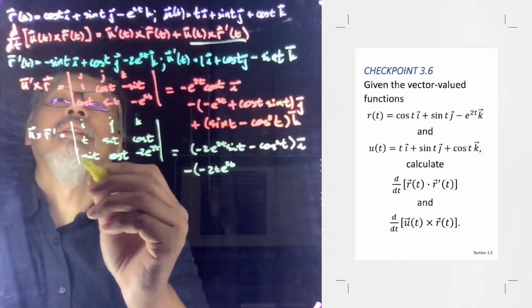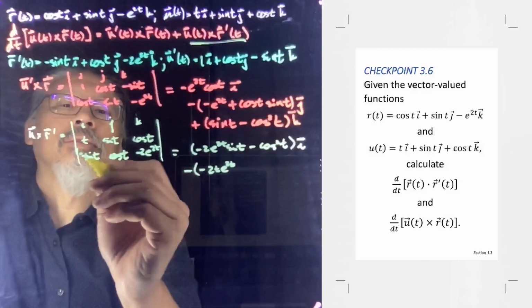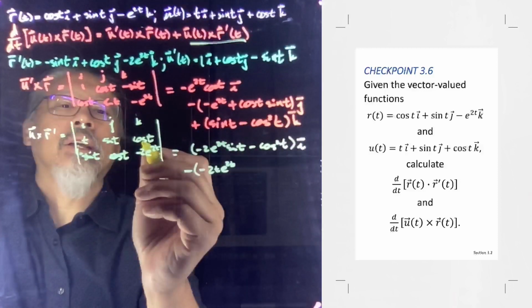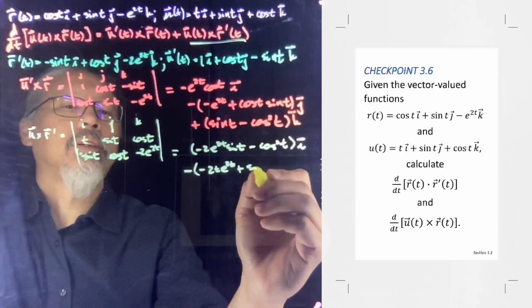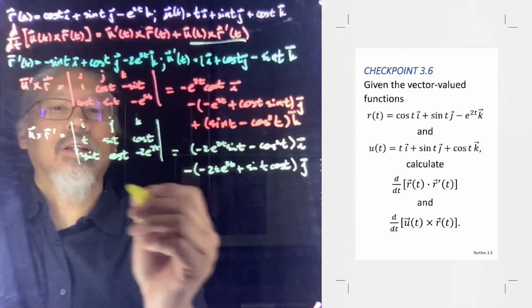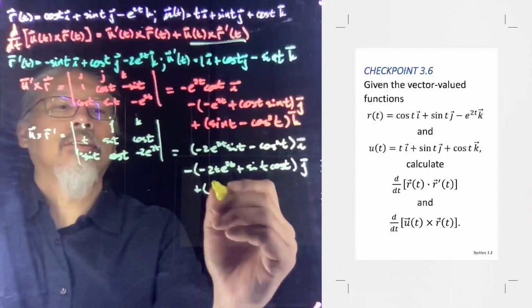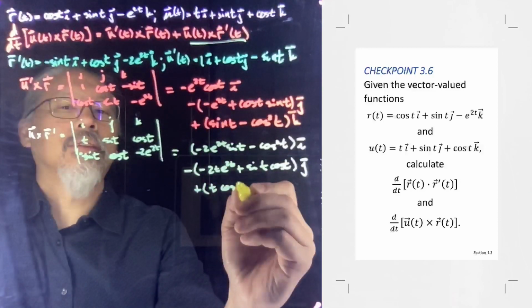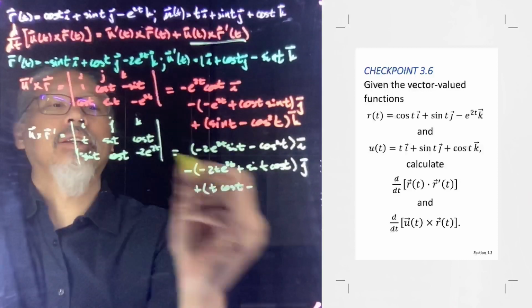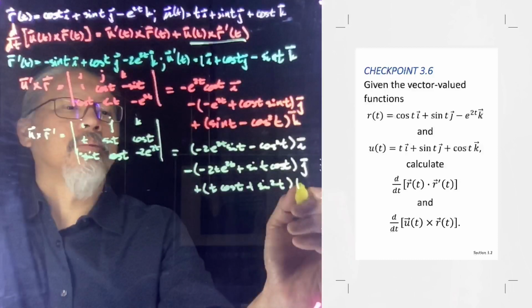And this was a negative sign, so that would be negative, negative, positive sine t cosine t. And then in the k direction, we're going to have t cosine t minus negative sine squared t.